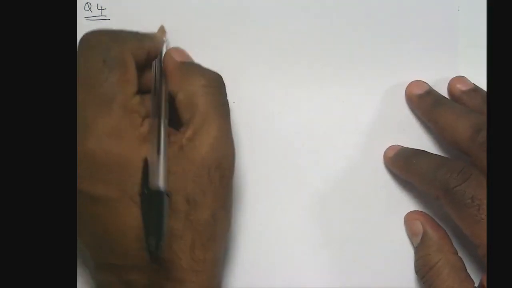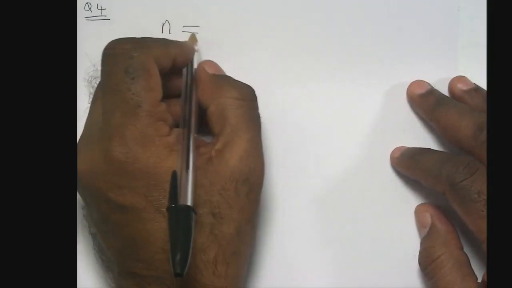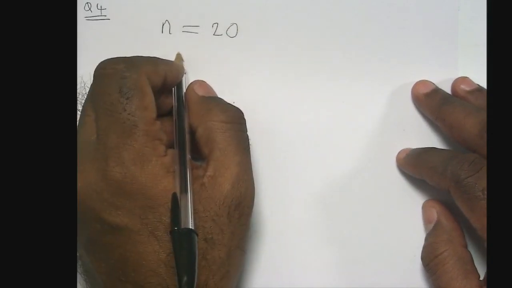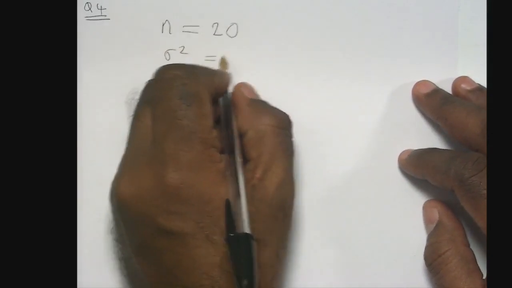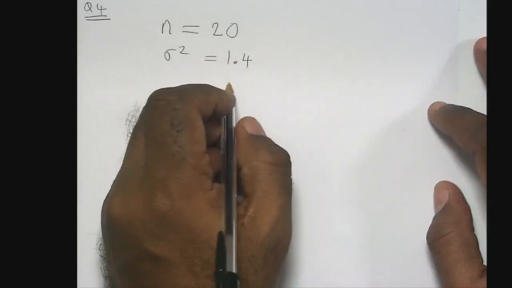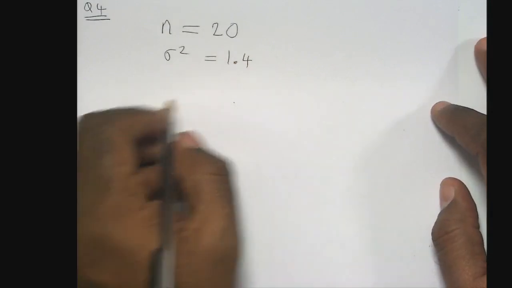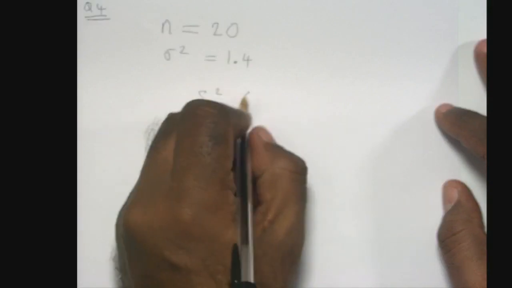All right, guys. Let's see how we can do question 4. If you haven't done question 4, then listen to me, please. You're told that the sample size is 20, and that sigma squared is equal to 1.4.